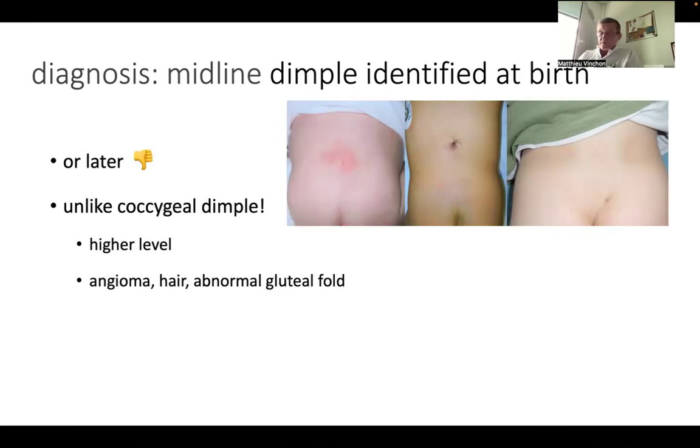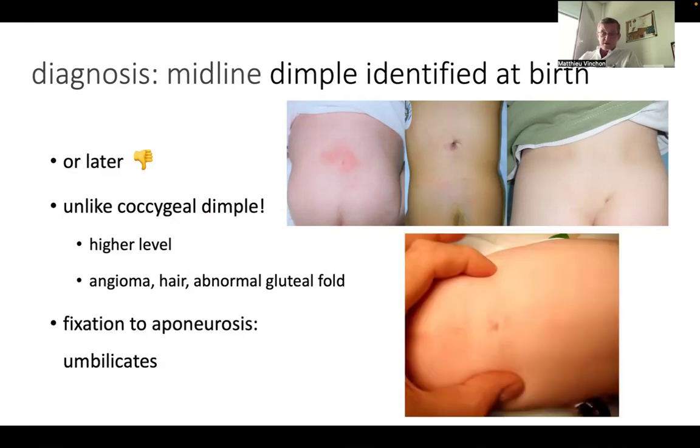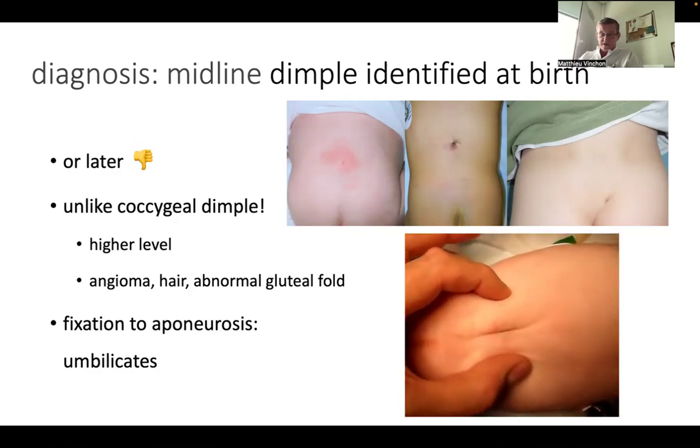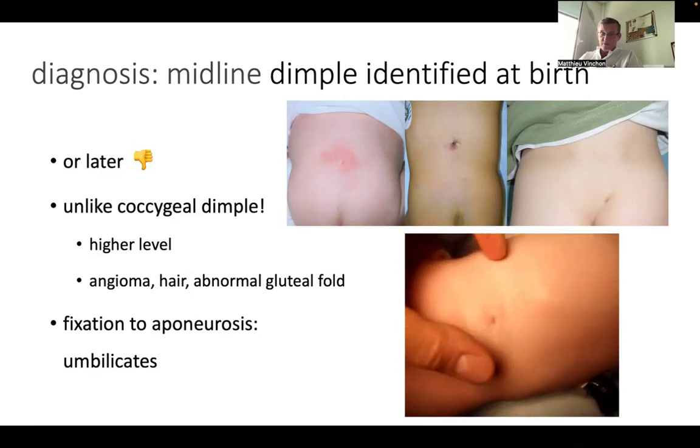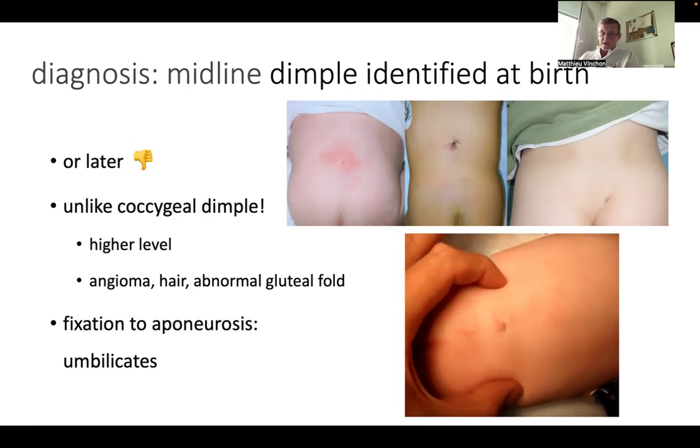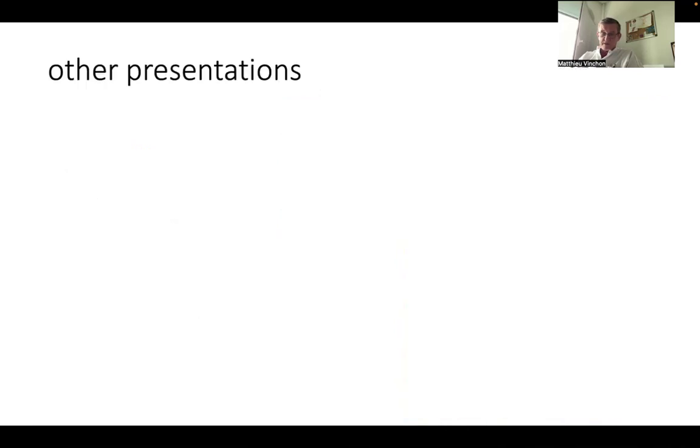And it is different from the coccygeal dimple, as said before. It is at a higher level. There is angioma, hair, and sometimes abnormal gluteal fold. And when you try to mobilize the dermis, you see that it is fixated to the aponeurosis. It umbilicates when you try to lift the skin.